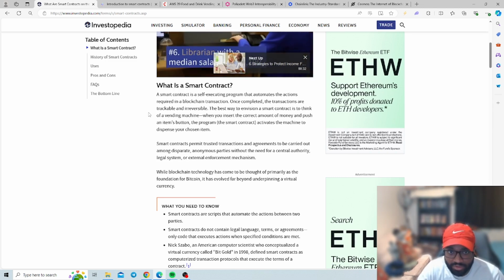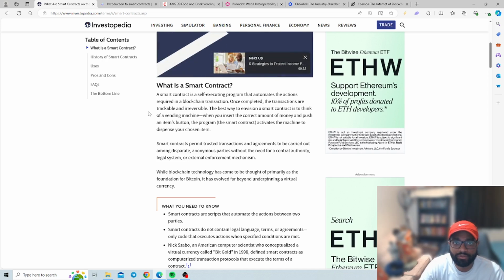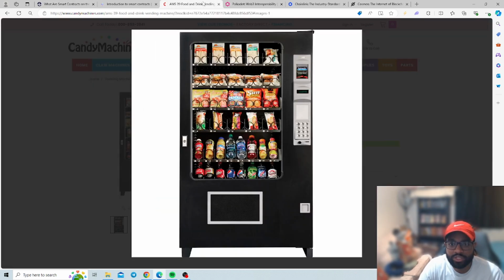So, within a particular platform and ecosystem, we can show a different example right here. It shows the actual vending machine, and depending on what number you push, if you push F9, you'll get the orange juice. If you push E8, you'll get this bag of chips.